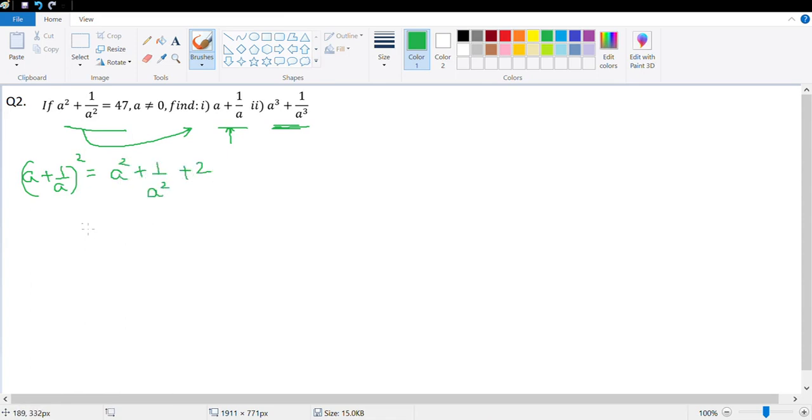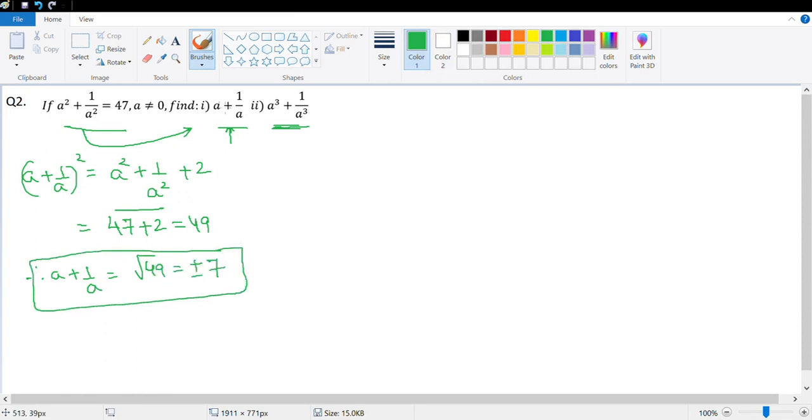The value of a square plus 1 upon a square is given as 47. So this is 47 plus 2, which is 49, which means a plus 1 upon a is equal to square root of 49, which is plus minus 7. So we've got our first part of the answer: a plus 1 upon a is plus minus 7.